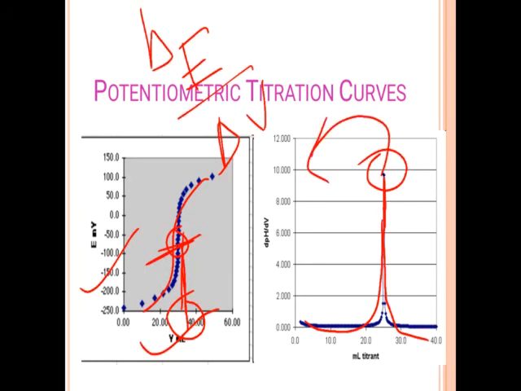So in this way, we get these two types of curves depending upon what is on the x-axis and what is on the y-axis. Okay, so in this way we can carry out the potentiometric titration.